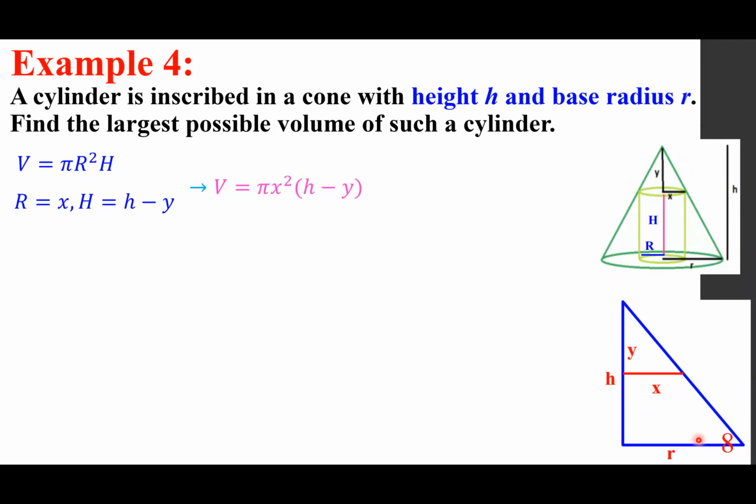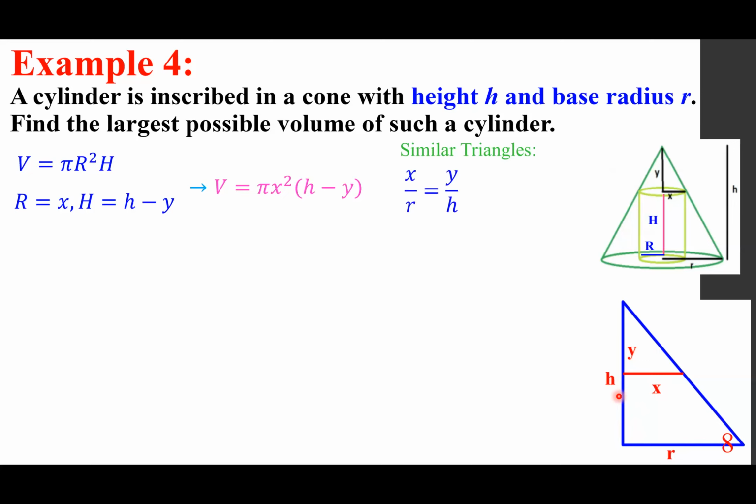So x over r is y over h. Again, this is one way to write it. Those are similar figures, similar triangles, because two sides are parallel, and in essence, two sides are parallel, these two and these two. So x over r is the same as y over h.